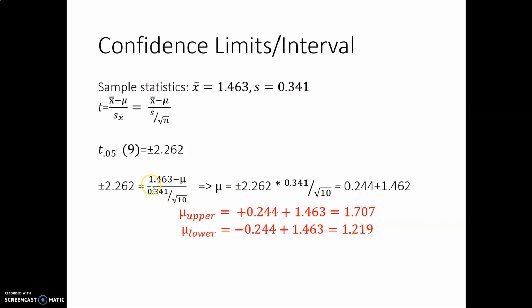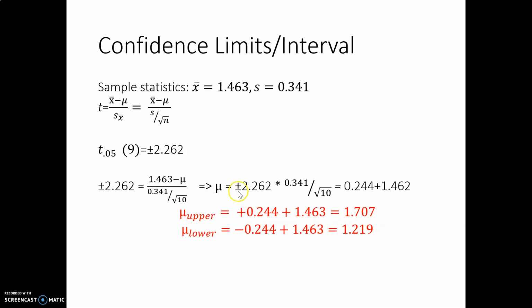And then we're gonna do some algebra, and we move things around a little bit, and then we move the mu, the population's mean, to the left side of this equation, and then do this computation here. And this gives us two numbers. Okay, so we have the upper limit for our estimate of the population's mu as 1.707.